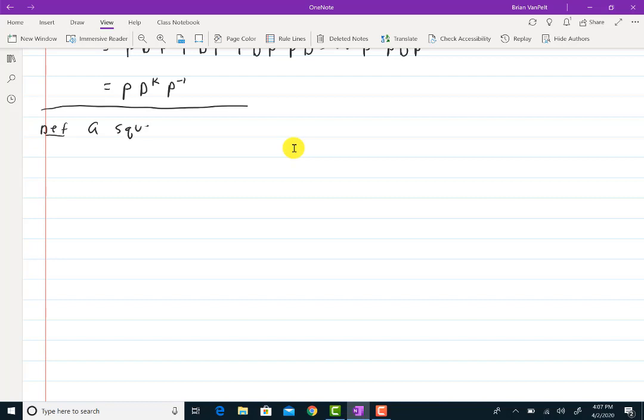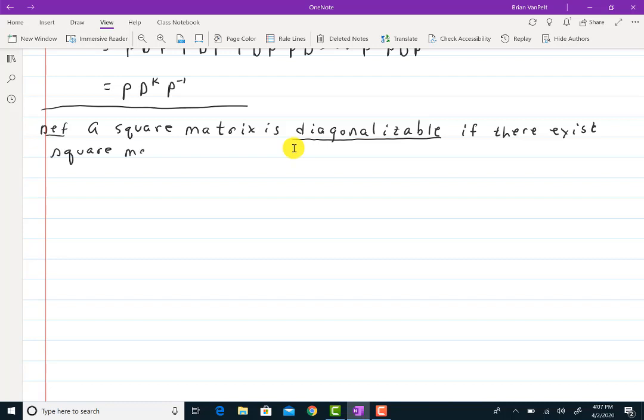A square matrix is diagonalizable, that's the word I'm trying to define, if there exist square matrices P and D with A equals P D P inverse, and D is also diagonal. So this is what we'll mean to be able to get something diagonalized, what I was talking about earlier.